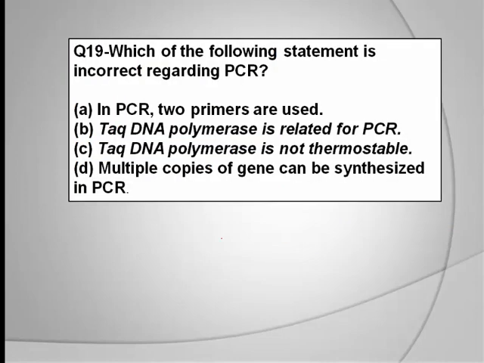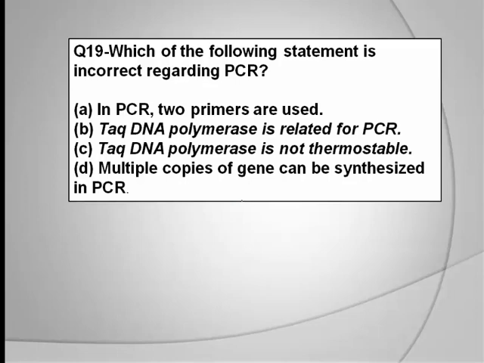Then next, which of the following statements is incorrect regarding PCR? Again the question is with respect to polymerase chain reaction. We have to identify which statement is wrong. In PCR, two primers are used. Taq polymerase is used for PCR.